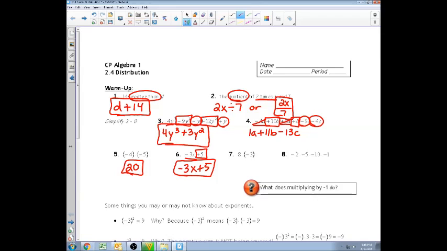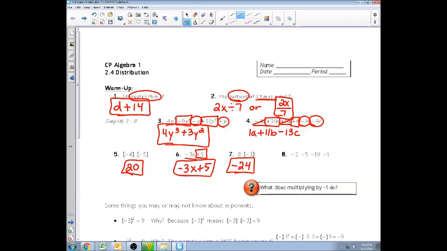Number 7, I have a positive 8 times a negative 3. Well, 8 times negative 3, or a positive times a negative, is going to get me a negative. So 8 times negative 3 would be negative 24. The last thing, I have negative 2 times negative 5 times negative 10 times negative 1. I'm just going to multiply the first two together first to see what I'm going to get.